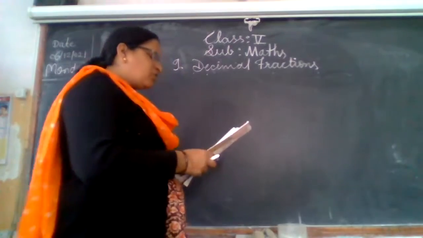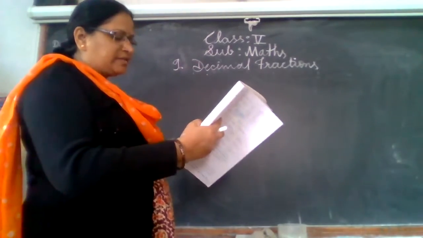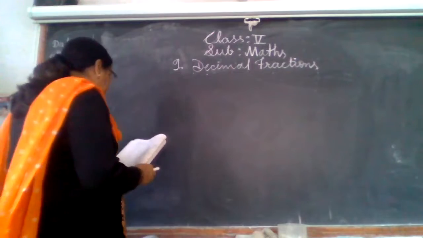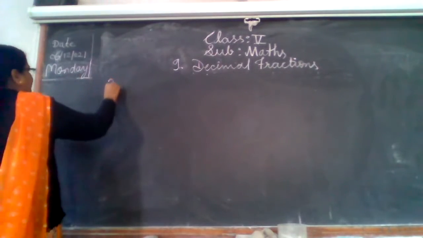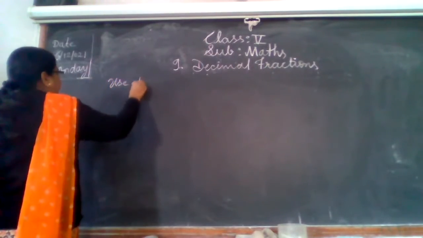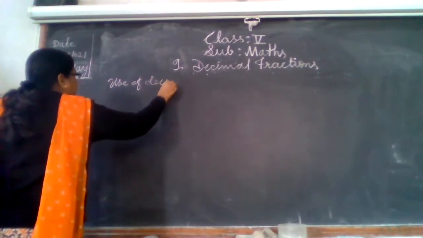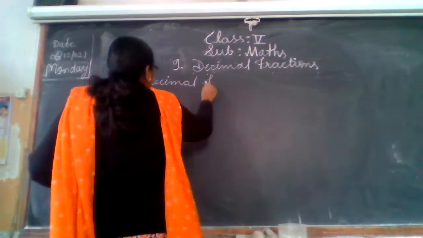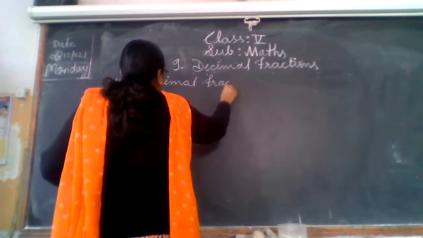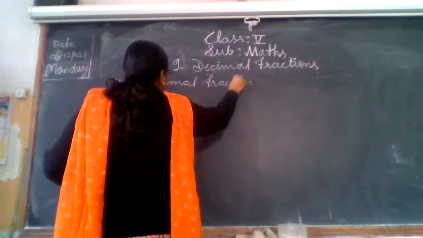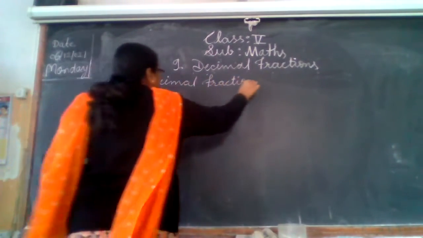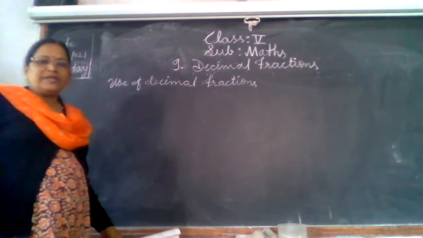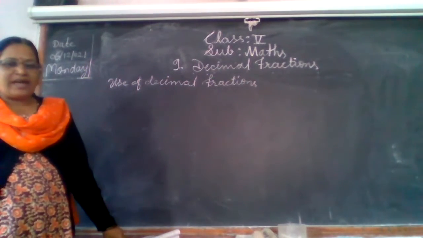This question is from problem set 39. Okay, so let's see the first new term, use of decimal fraction. So children, where do you use the decimal fractions in our daily life?